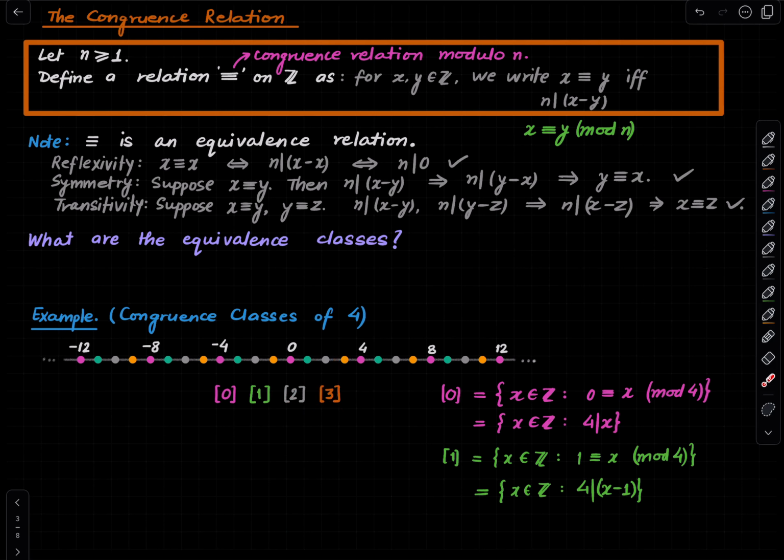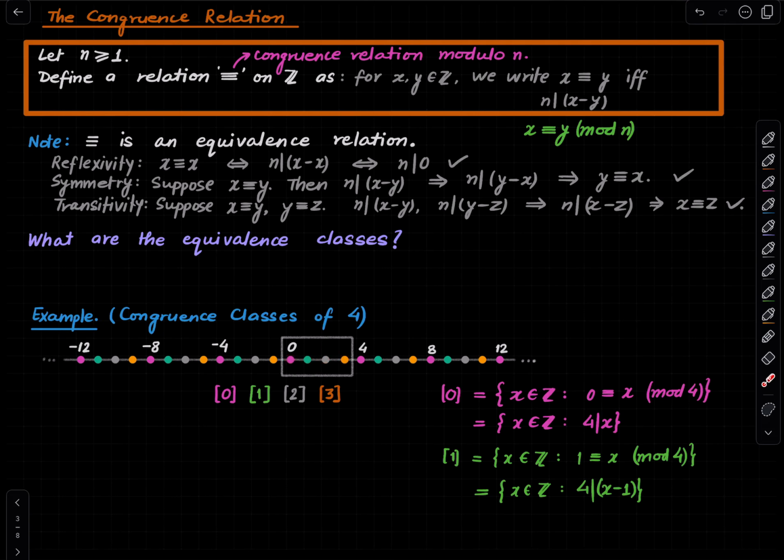What about the equivalence class of 4? Well, the equivalence class of 4 is the same as the equivalence class of 0, because 4 is related to 0 under this relation. So there are exactly 4 equivalence classes: class of 0, class of 1, class of 2, and class of 3.